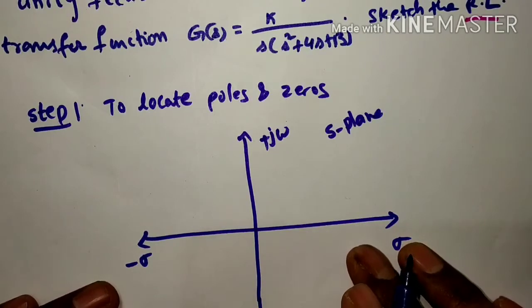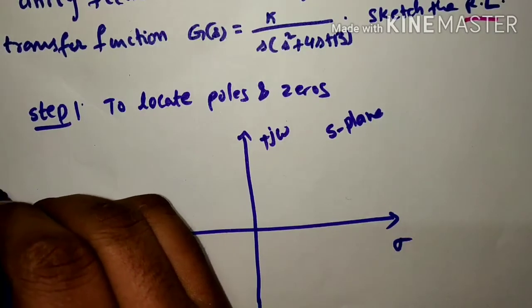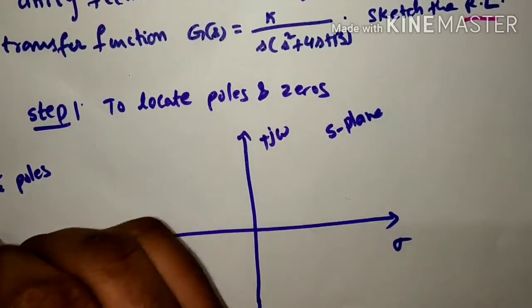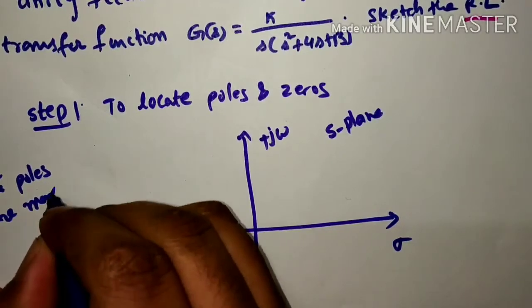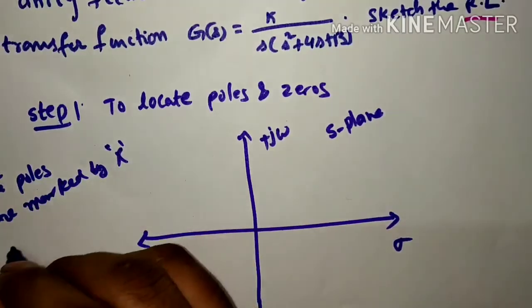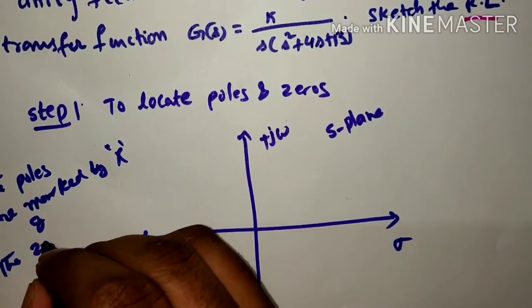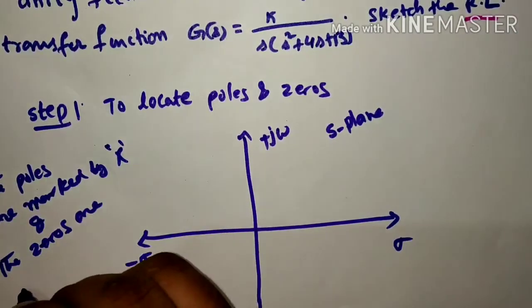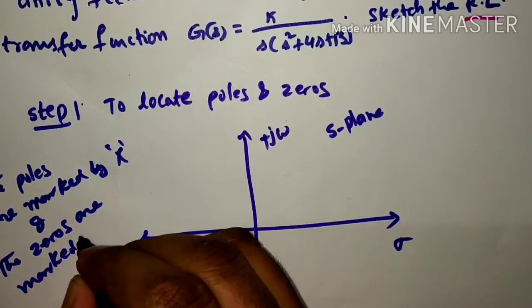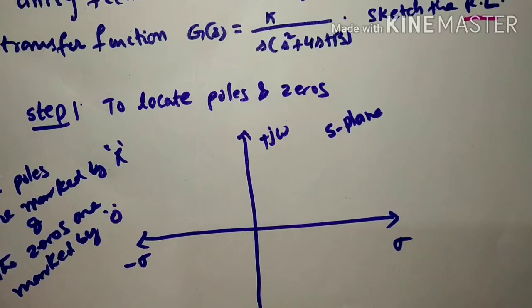Here the poles are marked by a cross, and the zeros are marked by just a circle. So first you have to locate the poles.